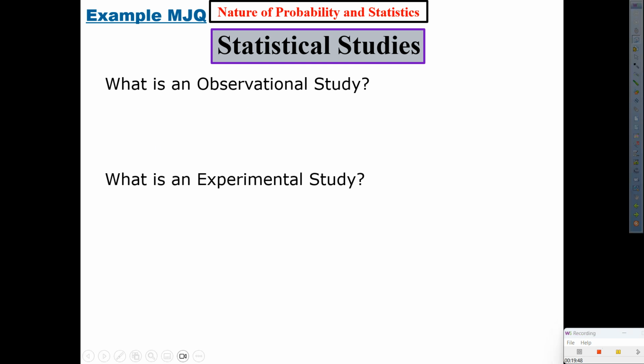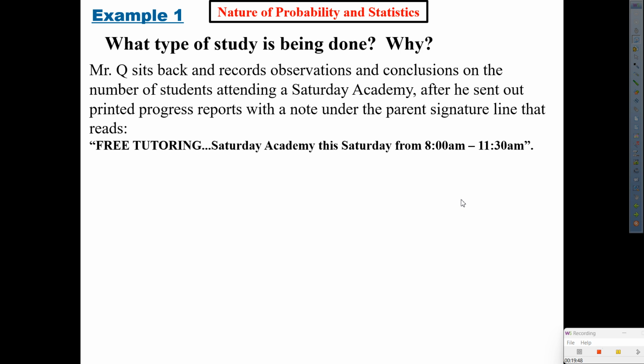Let's see how well you know one from the other. Here goes. Example 1. It says, what type of study is being done and why?